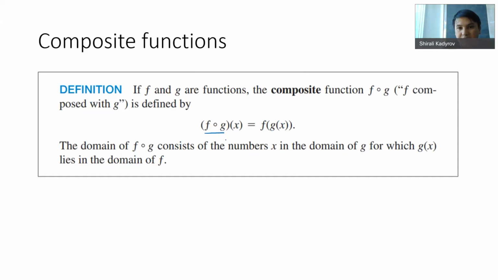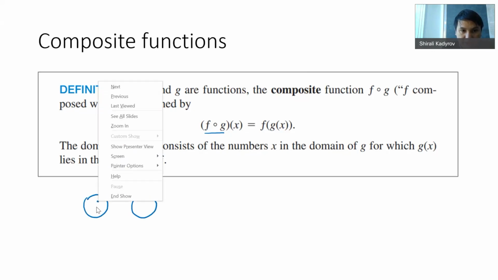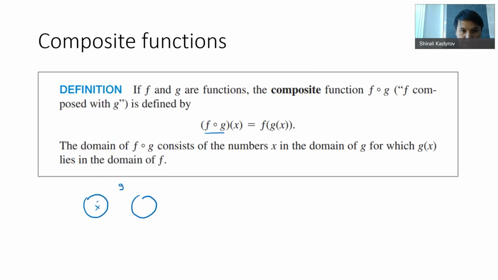So what are we really doing here? Let me illustrate with a graph. Let's say that I have a function g. What it does is it takes one x here and maps to some point y here.